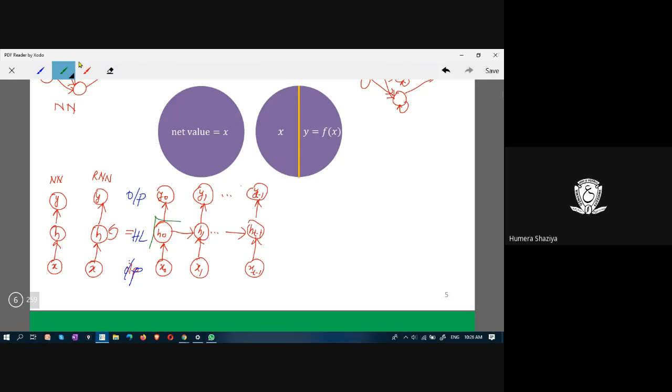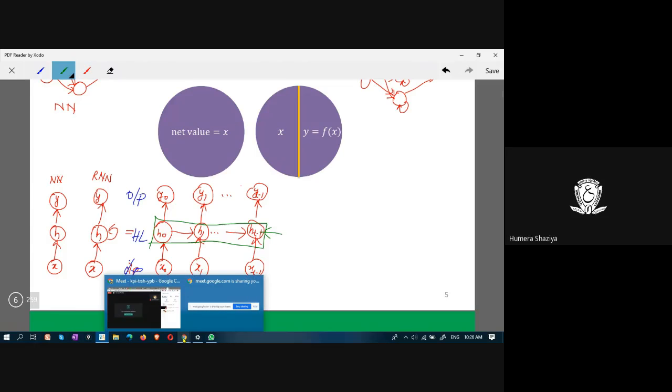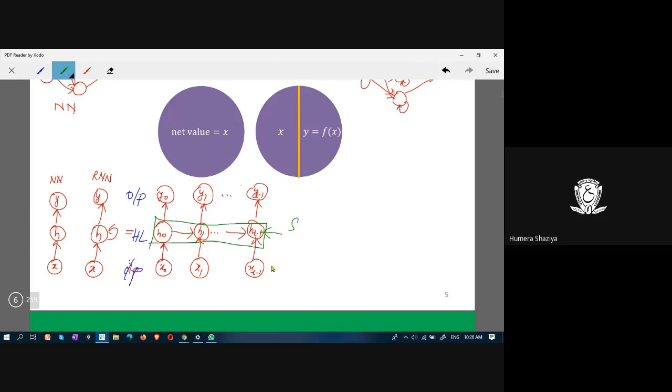Here these three hidden layers share the same weights and biases. This is the architecture of a recurrent neural network.